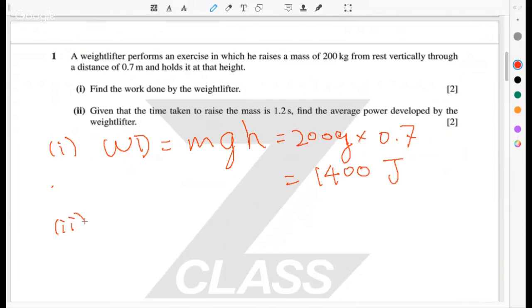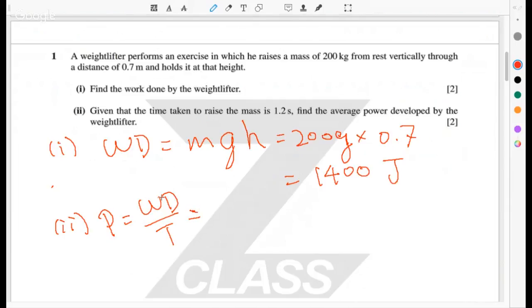And part 2 of the question says, given that the time taken to raise the mass is 1.2 seconds, find the average power developed by the weightlifter. Well, how do you find power? The formula is power equals work done over time. It's kind of just the rate of energy transfer in a sense.